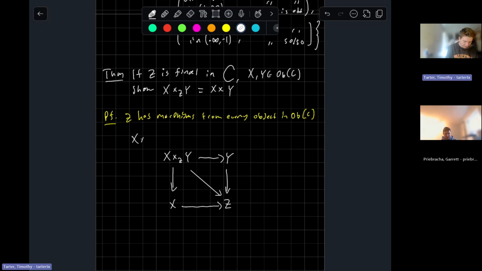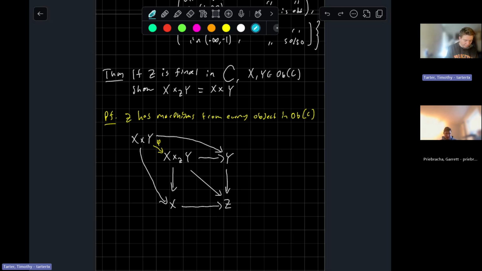And then we also have this, and we have this thing here, phi, that we want to show is an isomorphism.